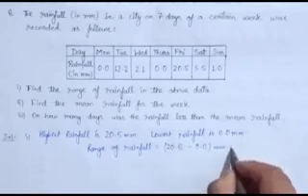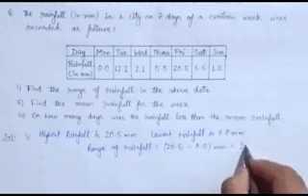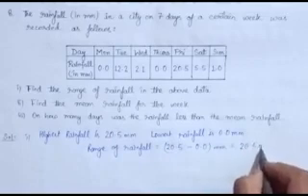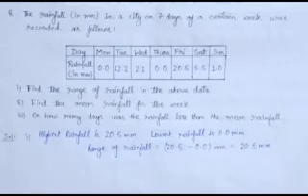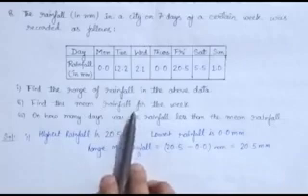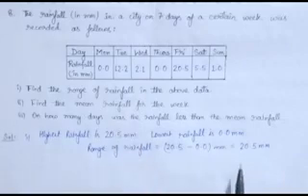So it is equal to 20.5 mm. So we can say the range of rainfall from the above data is 20.5 mm.